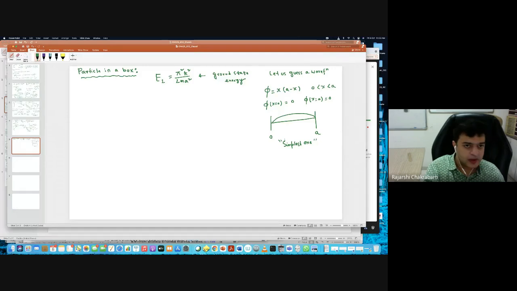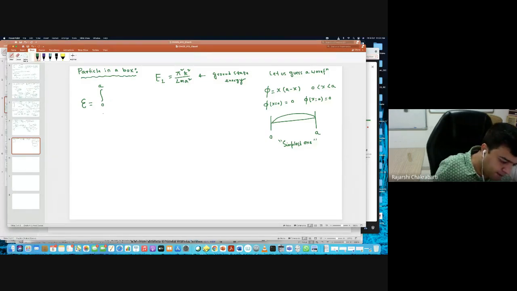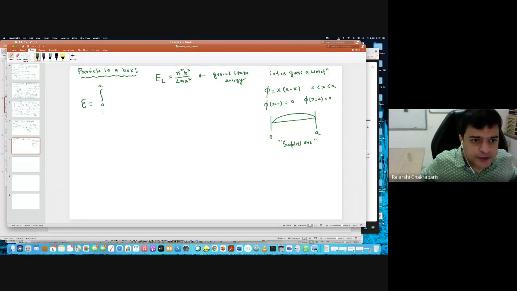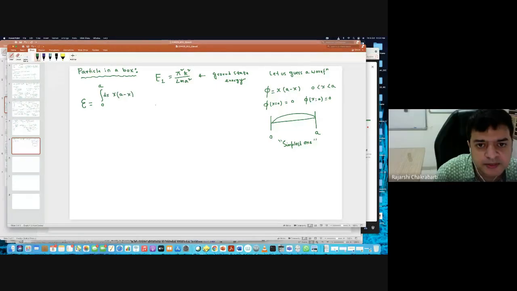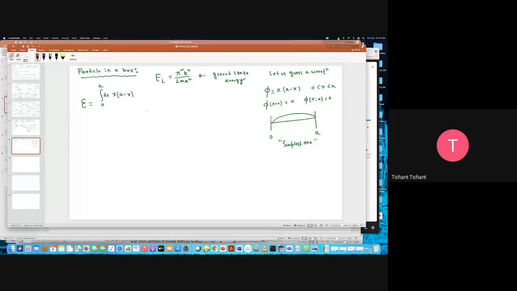So let us calculate the E expectation value. What is the expression? From 0 to a, x into a minus x, then the Hamiltonian, and then this again.